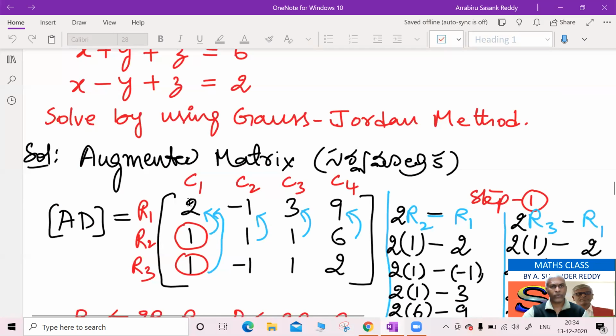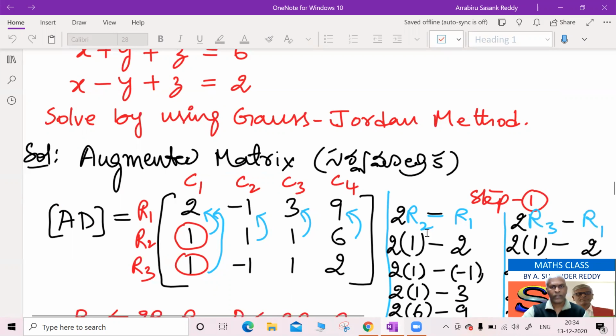So take the two elements of R2 and R1. Take 1 and 2, first make them equal, then put minus or plus in between so that the result becomes 0. So 1 multiplied by 2, they become equal, and by subtracting we get 0.